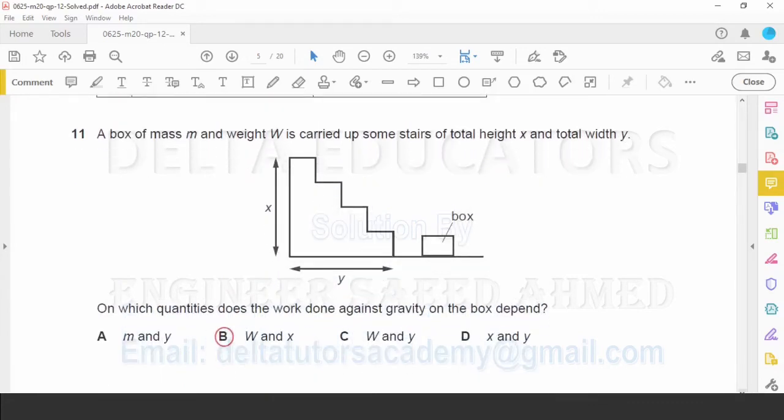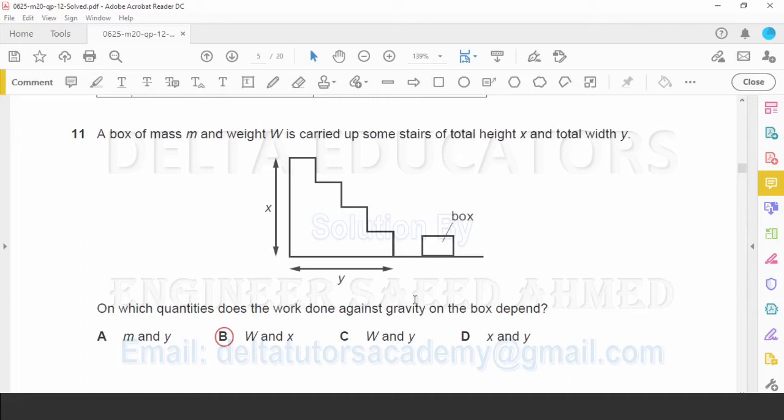Question number 11. A box of mass M and weight W is carried up some stairs of total height X and total width Y. On which quantity does the work done against gravity on the box depend? Work done against gravity is given as gravitational potential energy, and the formula of gravitational potential energy is mgh, where m is for mass, g is for gravitational field strength, and h is for height.